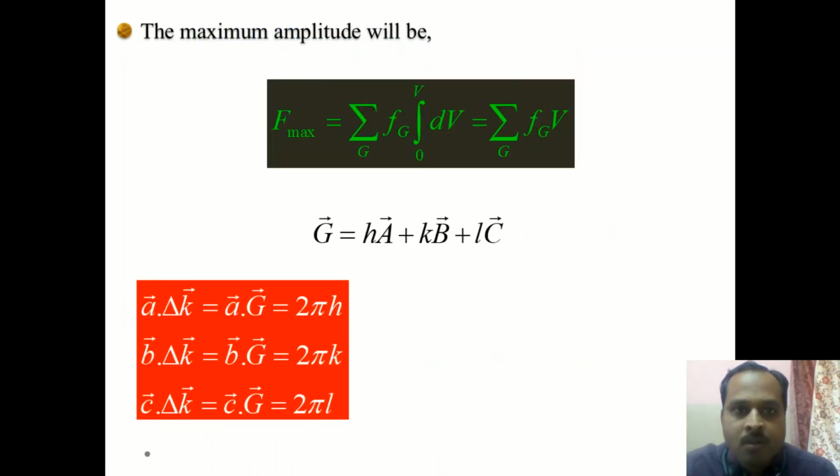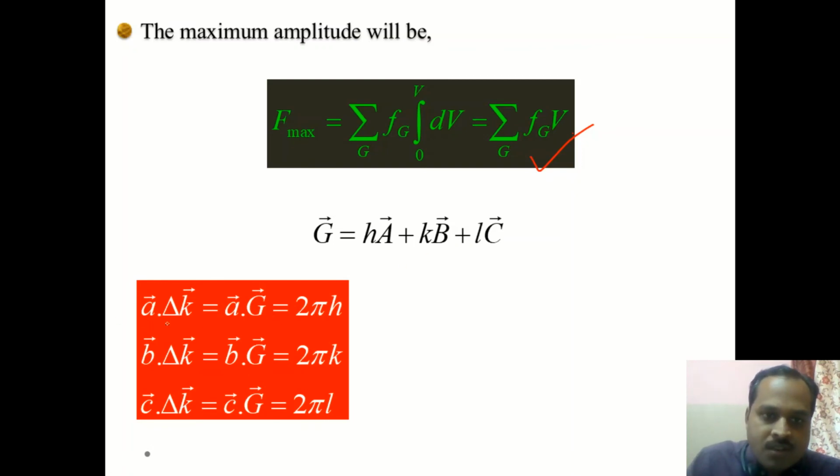Now we can obtain the maximum amplitude by putting G equal to del k, so that the exponential factor becomes 1. So f max is equal to summation over G f_G integration over the entire volume, which is equal to V. So this is the expression for the maximum scattering amplitude, where G is equal to hA plus kB plus lC.